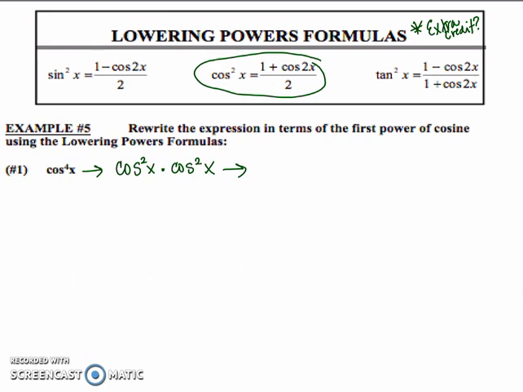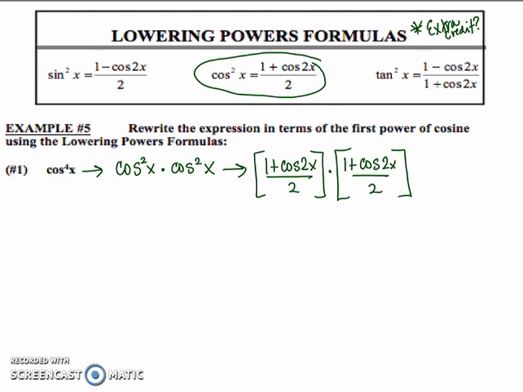Okay, but keep in mind that I'm going to have 2 of them, right? So I'm going to have 1 plus cos 2x over 2 and 1 plus cos 2x over 2. Well, that looks like a multiplication problem, if you ask me. I'm multiplying 2 fractions together. Well, the bottom is easy. 2 times 2 is 4.